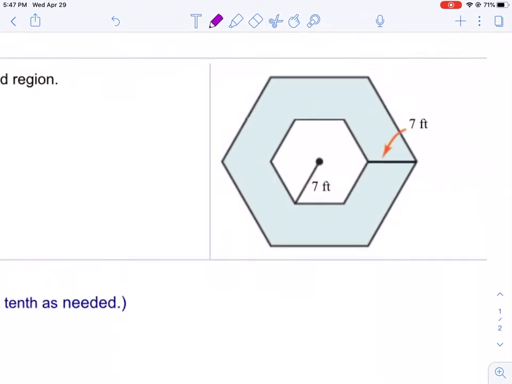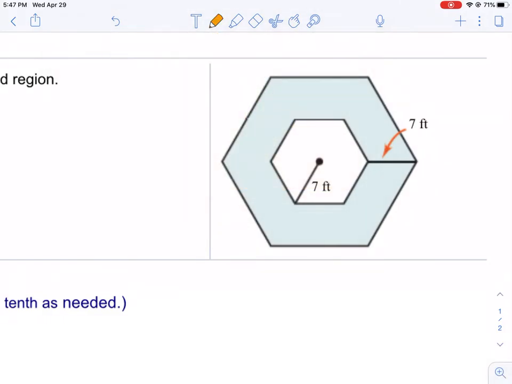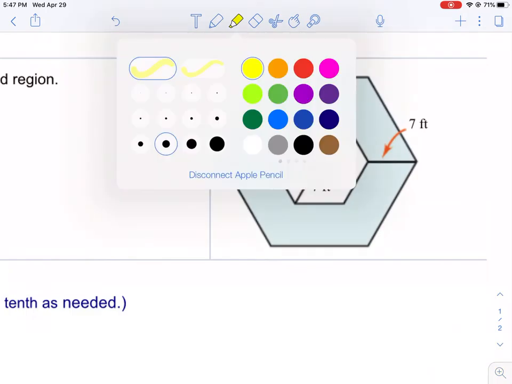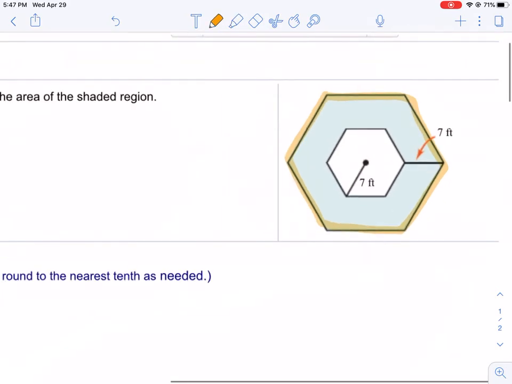Anytime you have a shaded region problem, you generally are going to use the following system. Let me use my highlighter. You're going to take the entire area of everything. We'll call it the area large.